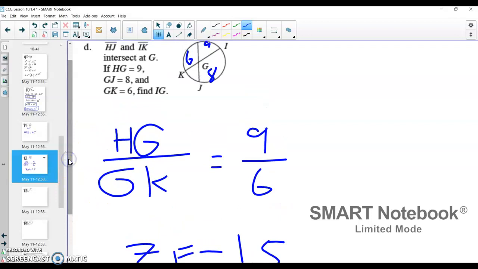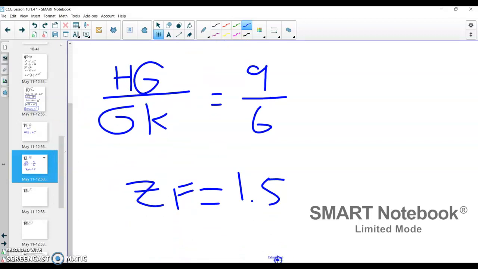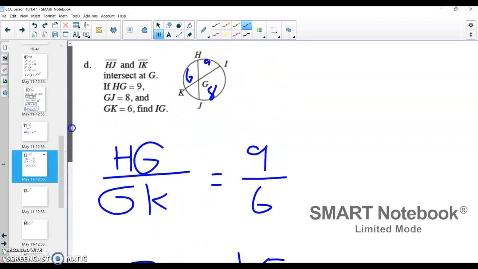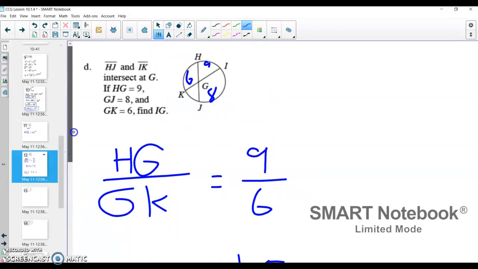So if I want to go from the small triangle to the big triangle, I have to multiply my side lengths by 1.5. If HG and GK are corresponding, that means GJ and GI are going to be corresponding. So I'm going to take the small side, GJ, I'm going to multiply that by 1.5, and that's going to give me GI.